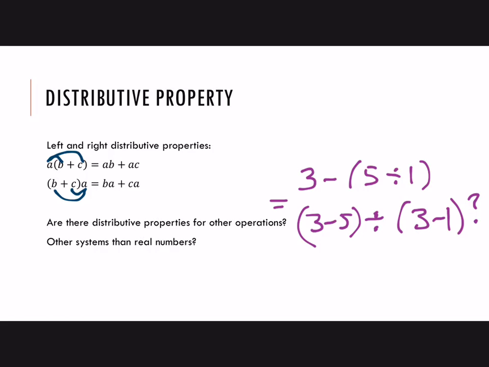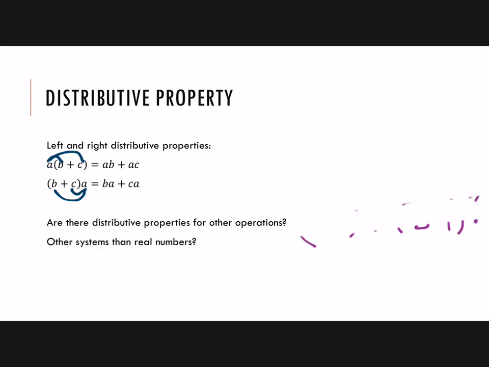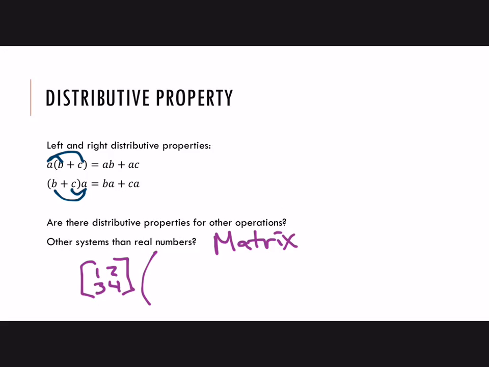And then another question, does the distributive property work in other systems than real numbers? Well, here's one example of a system that does have the distributive property. You might remember matrix algebra if you had that in high school, or in another math course. So if we had a matrix, which is just a kind of a grid of numbers, and let's say we're multiplying that times two other matrices.